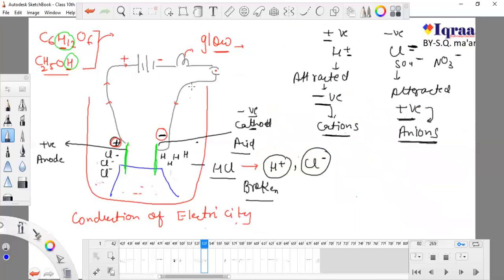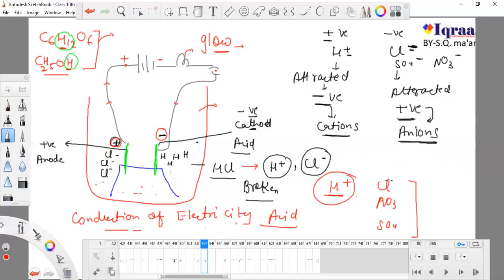So the conduction of electricity will occur only when we put an acid inside this. You put acetic acid, you put nitric acid, whatever you put, the conduction of electricity or the glowing of the bulb only takes place with the help of acid, because acid will break down into H plus, and another part could be anything. It could be Cl, it could be NO3, it could be SO4, or whatever acid you are using.